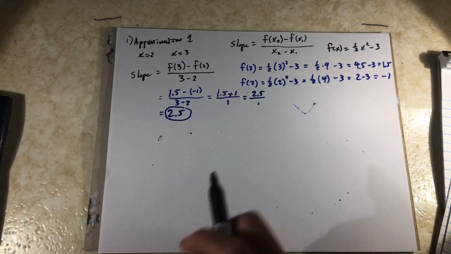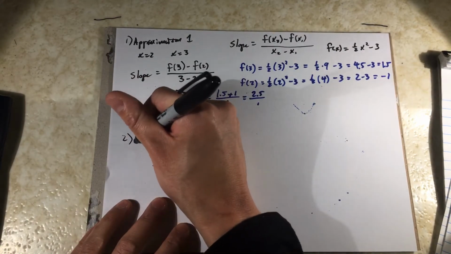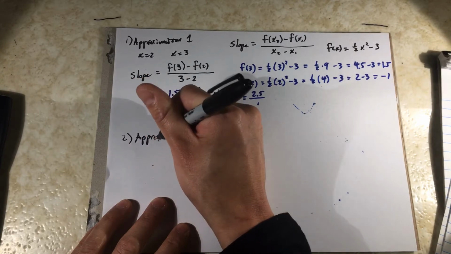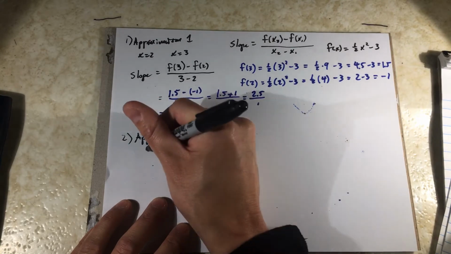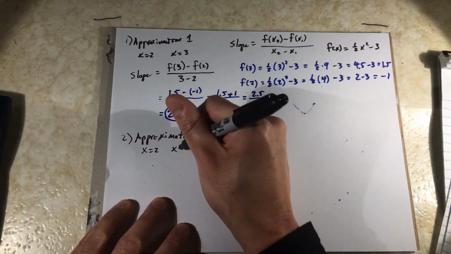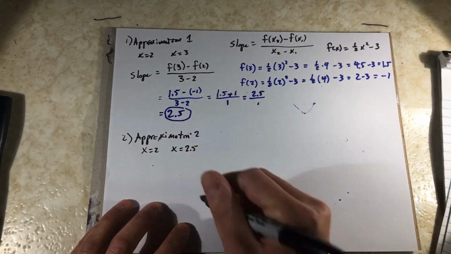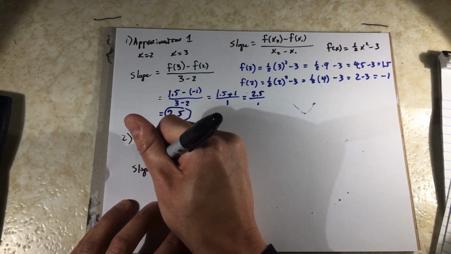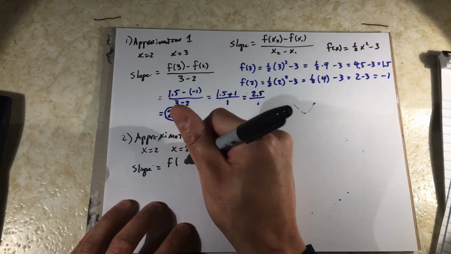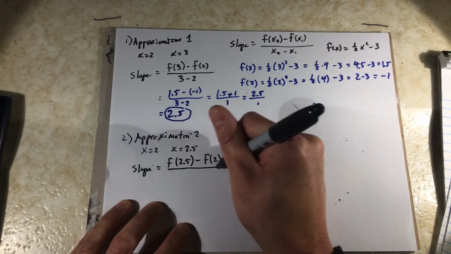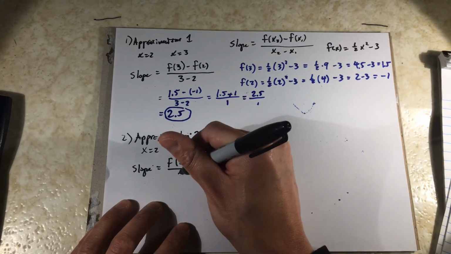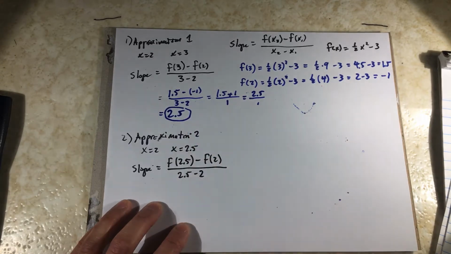Let's continue on. We'll just continue this approximation. So approximation 2 is x equals 2 and x equals 2.5. So the slope is equal to f of 2.5 minus f of 2 divided by 2.5 minus 2.